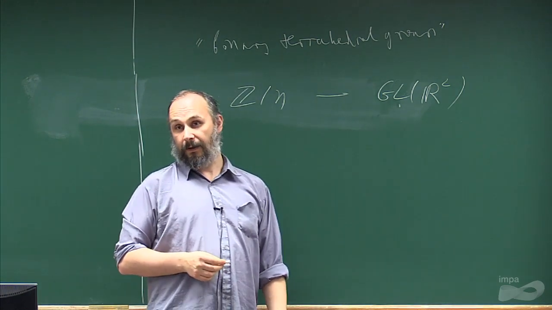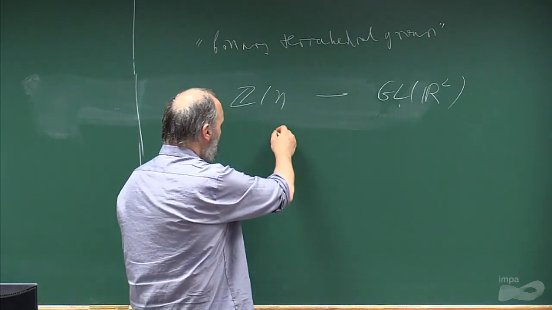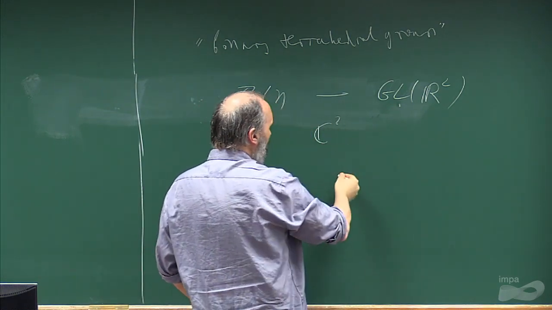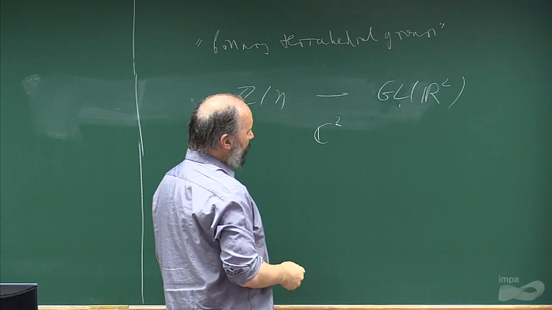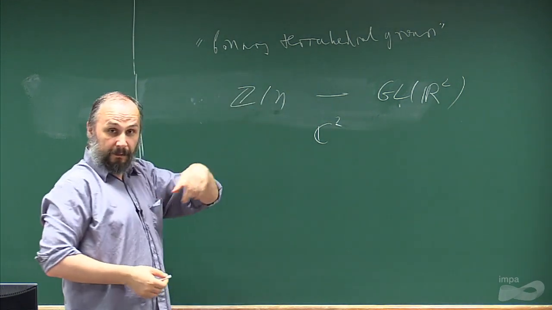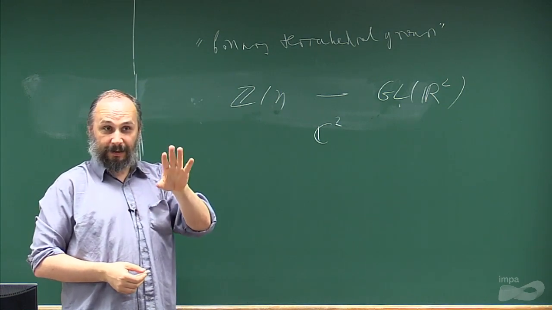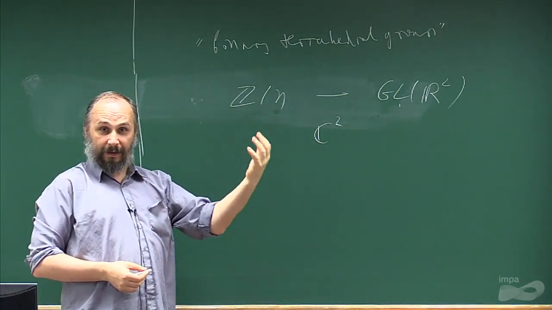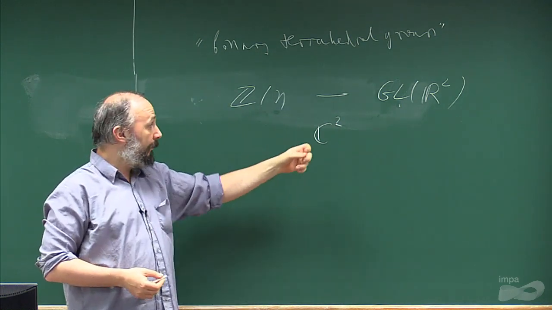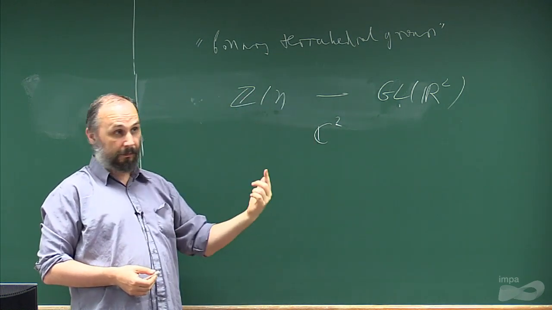Okay, this is rotation. And let's multiply everything by C2. Then this is abelian. And you had such an exercise earlier, that all irreducible representations of abelian groups over C are one-dimensional.